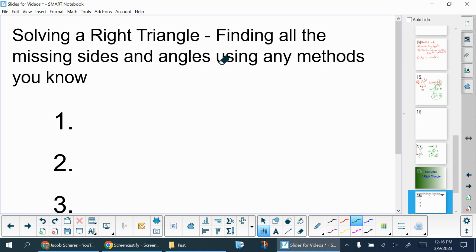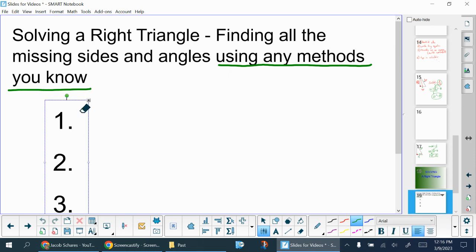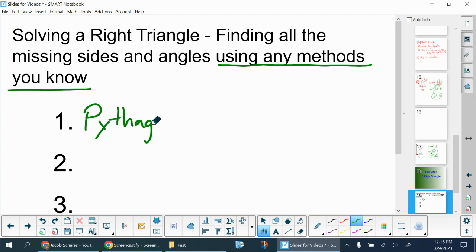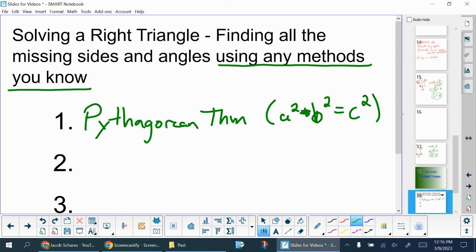But we are going to be using any methods that we know how to do. So the first method we've actually learned is not even in this chapter, but it is the Pythagorean theorem. That's the a squared plus b squared equals c squared. So that's our first thing we can use.